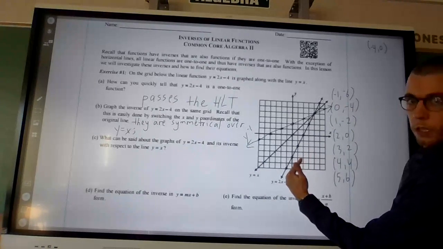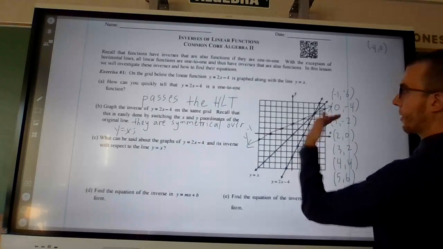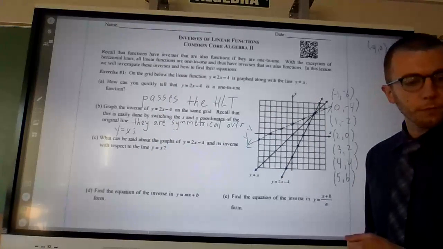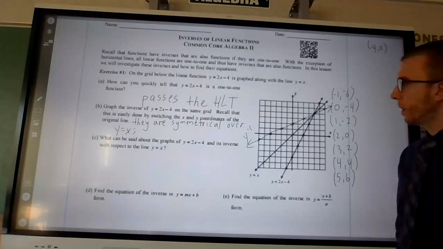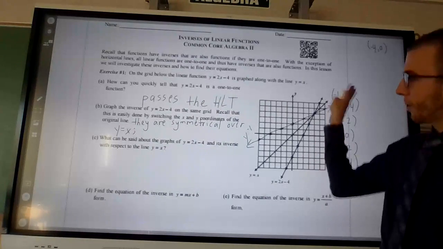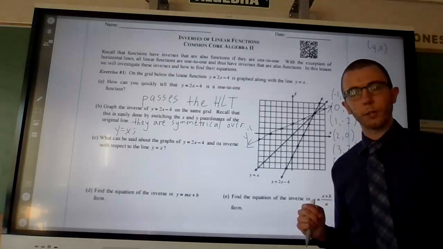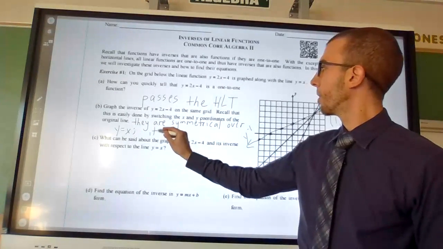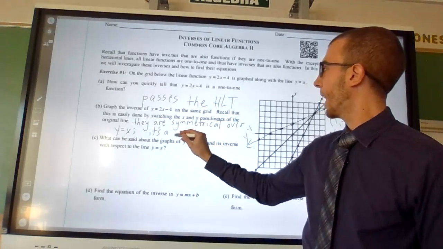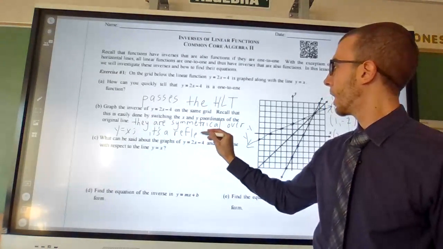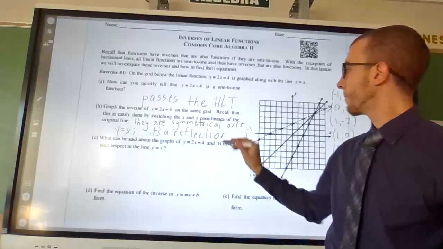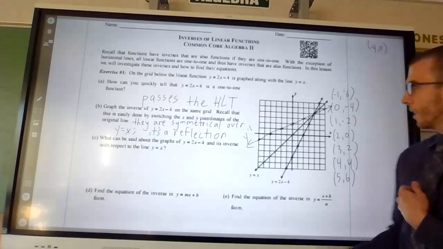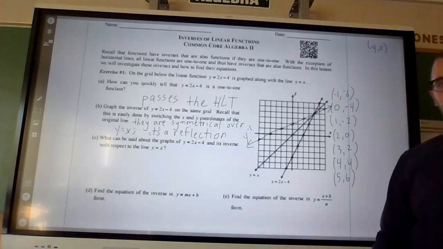Okay, the original and its inverse are symmetrical over that line. It's like the original is reflected to be the inverse. Okay, I'm going to write in, it's a reflection. So it's a reflection. They are symmetrical over the line y equals x.